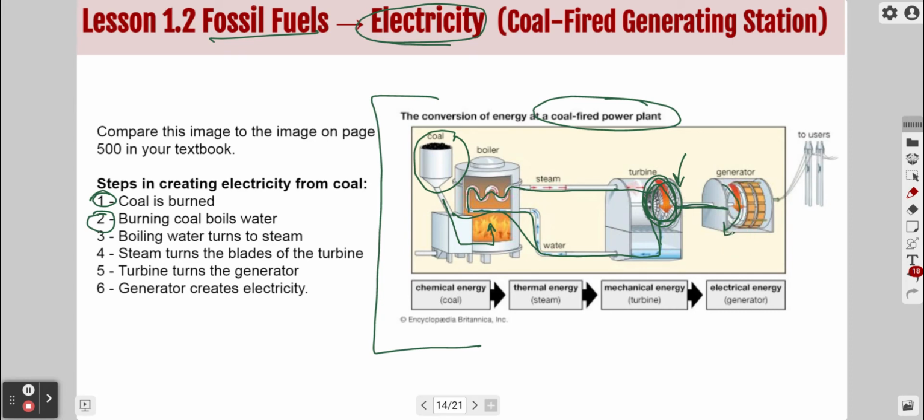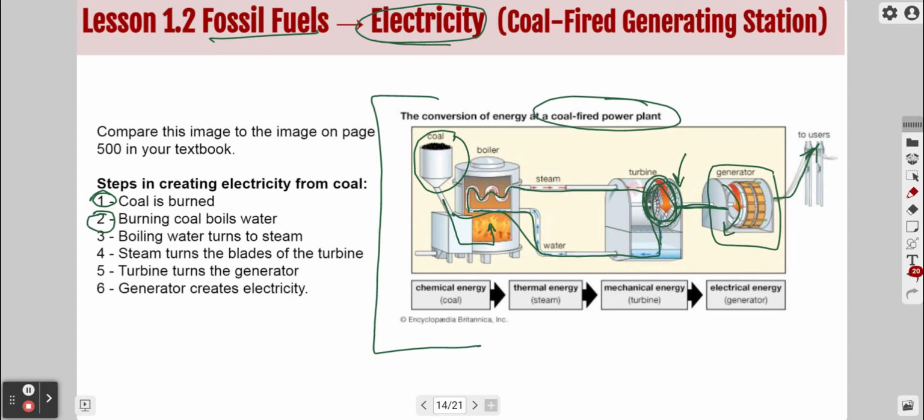And we learned back in Unit C, I think it was, that the generator is basically you're turning coils inside of a magnetic field, so you're inducing a current, and that current is electricity, and that's being sent off to users.